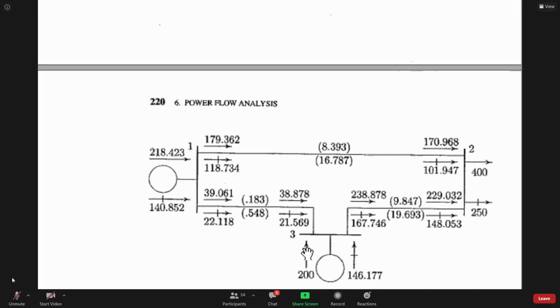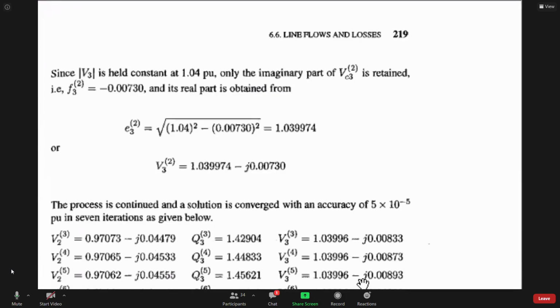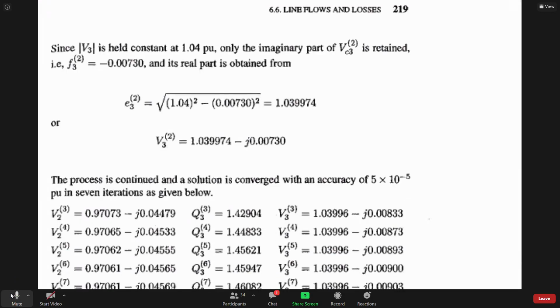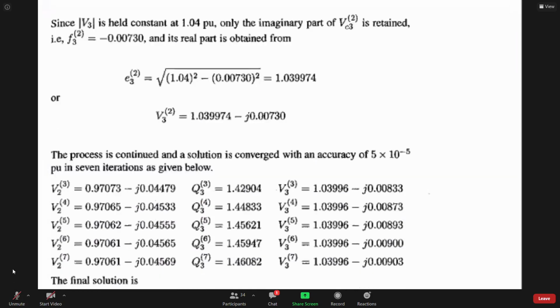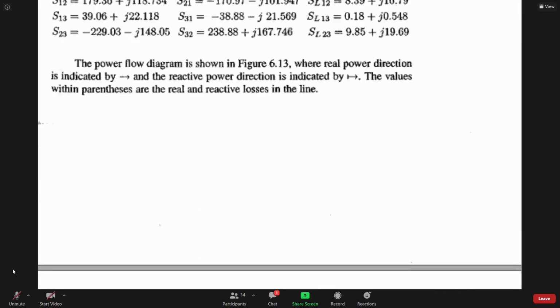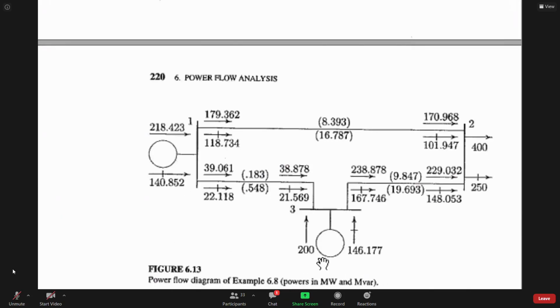And what about bus 3? For bus 3, real power is there, right? What about reactive power? Reactive power, you have calculated Q. Q37, it is 1.46, right? 1.46 is in per unit, so you have to use the multiplying factor to get the total power, which is 146.